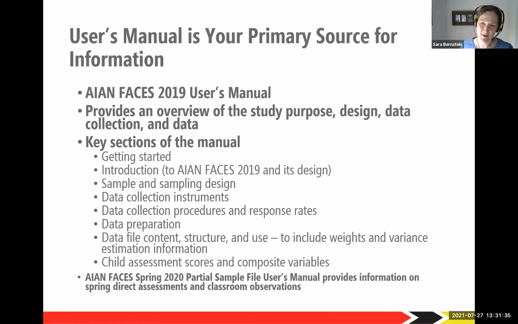It also includes information about the organization and structure of the data file and its use. In the section on data file content, structure, and use, we describe considerations for combining data across AIAN FACES 2019 and FACES 2019. I actually don't think we've talked about FACES 2019, but FACES looks at Head Start in 10 geographically defined regions. So FACES is a study of Head Start in regions 1 through 10.